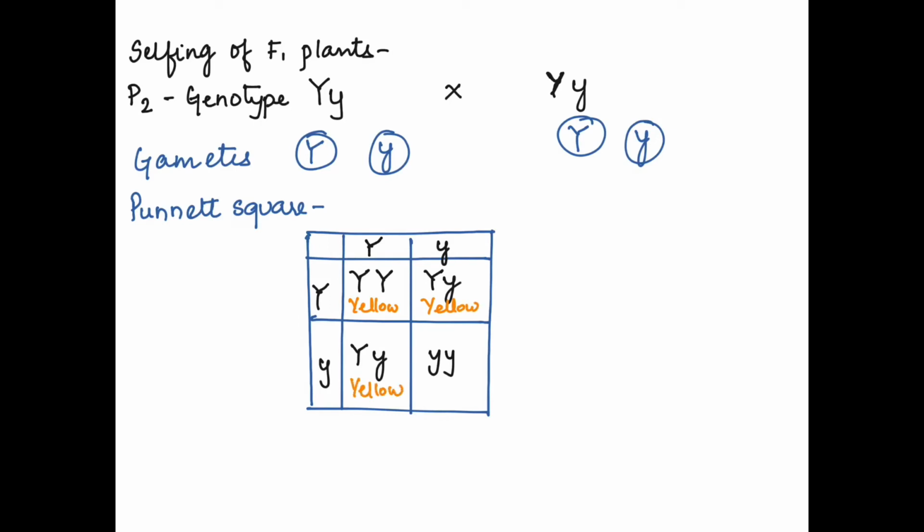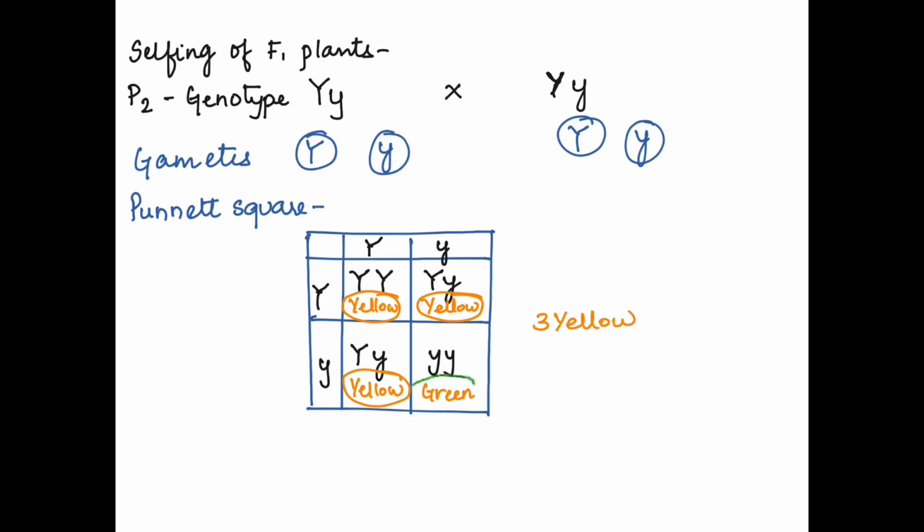So capital Y capital Y is yellow and capital Y small y is also yellow. Only one green is seen here. So if we see the phenotype, it is 3 yellow and 1 green. Out of the 3 yellow, 2 are hybrid, that is 2 are heterozygous. They have one dominant allele and one recessive allele.